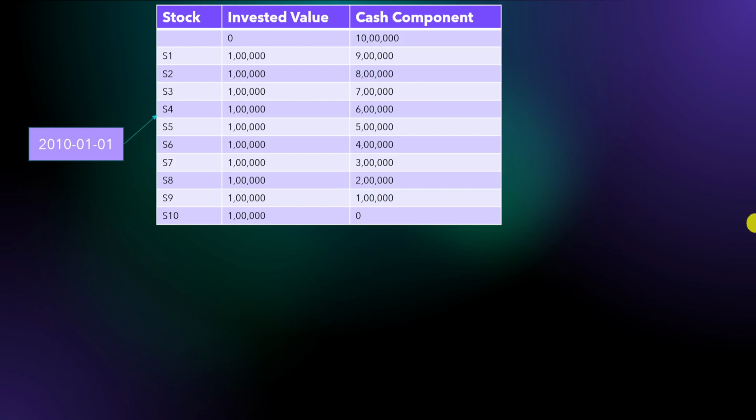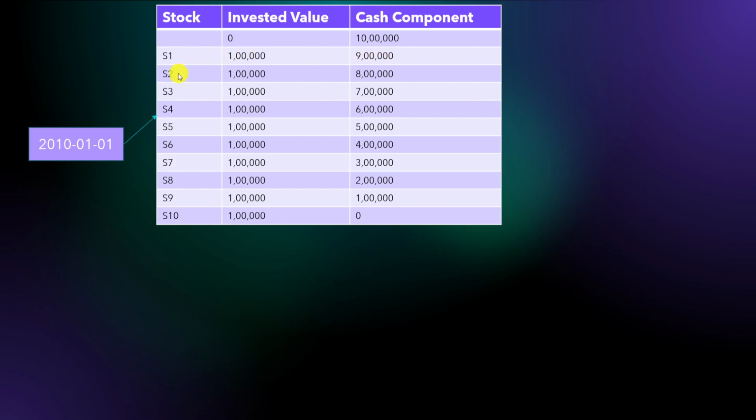On January 1st, 2010, assume you are going to buy 10 stocks in your portfolio. If you look at this table, initially you have the cash component of 10 lakh. As you buy stock S1 with 1 lakh value, the portfolio of stocks becomes 1 lakh and the cash component becomes 9 lakhs.